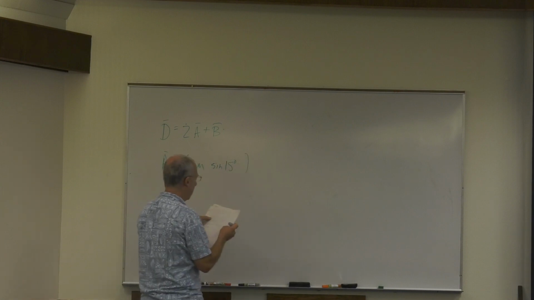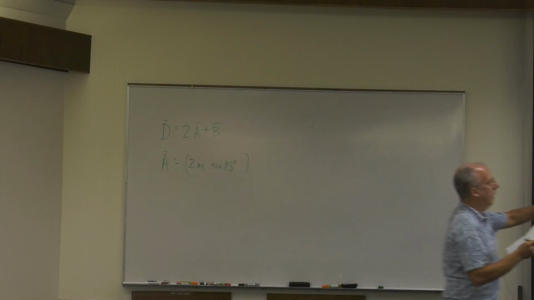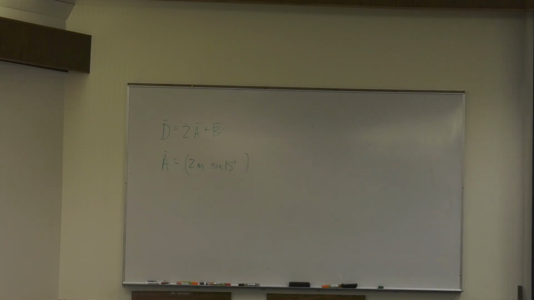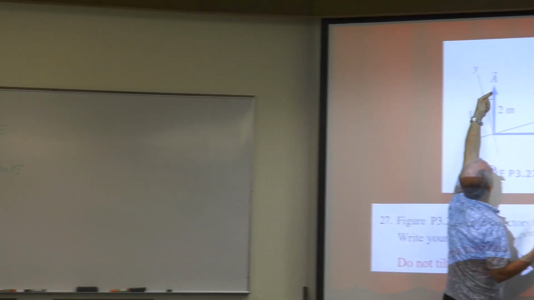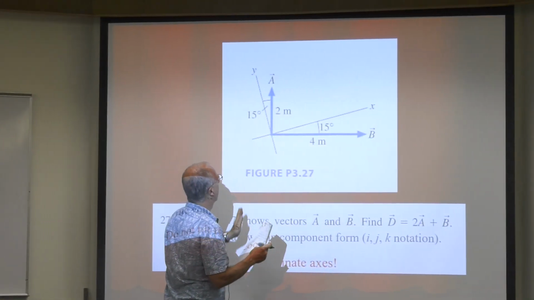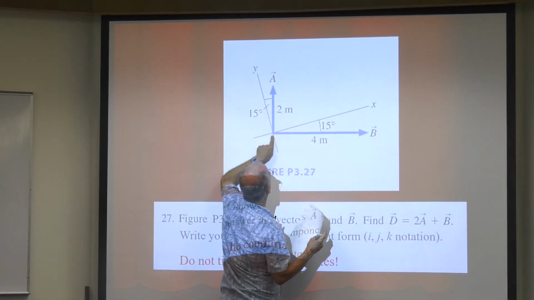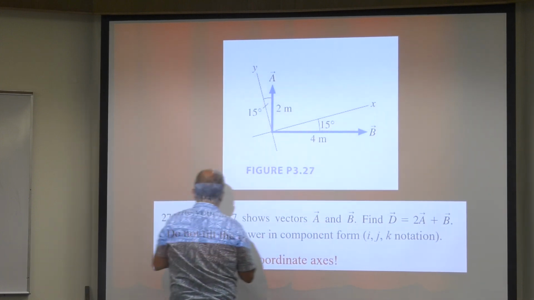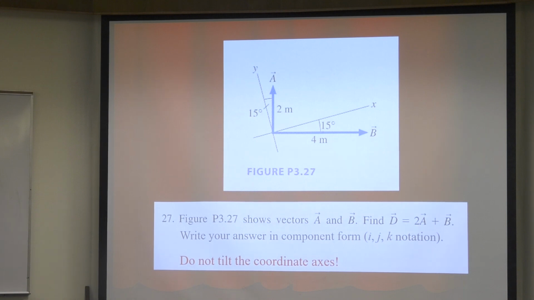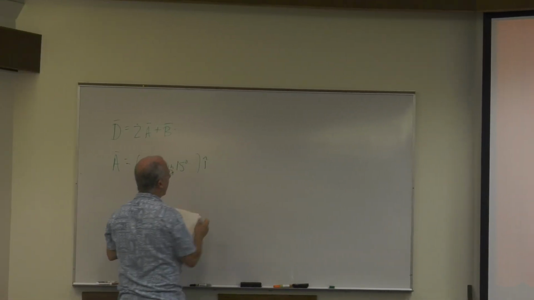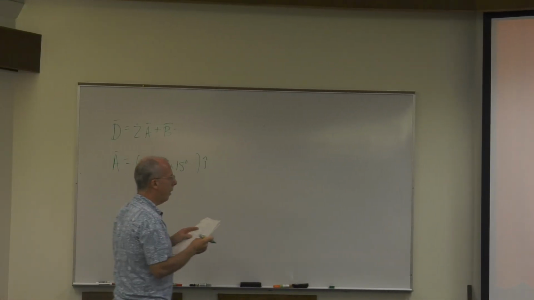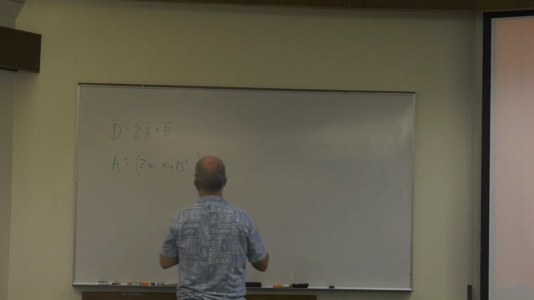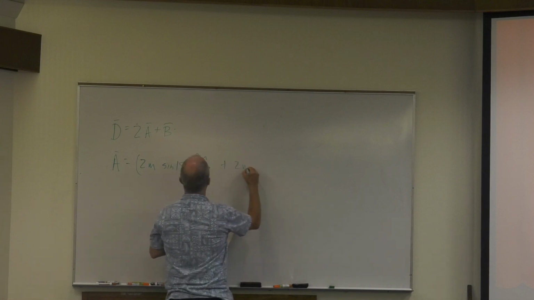It points this way, agree? Because we want this up to the right. So it's 2 meters times sine 15 in the positive i hat direction. And then we want the y piece, so it's plus 2 meters.